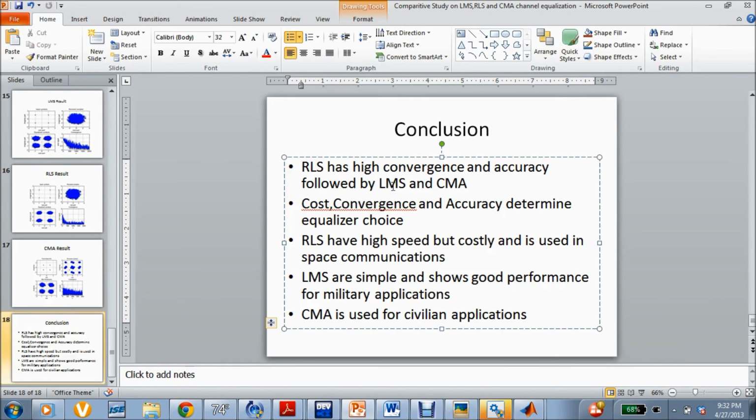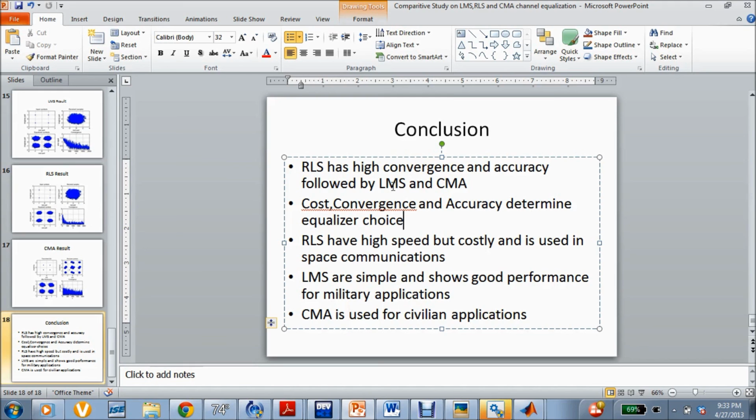And if you can spend a little more on the cost, then RLS is a very good choice because it provides high speed and it is very accurate. LMS is simple and it is reasonably accurate. It goes the middle way. The application areas where RLS algorithms are used include space communications, because they provide very high accuracy.